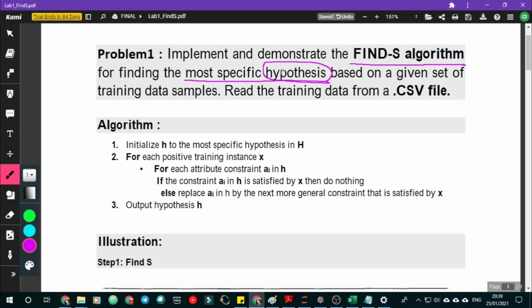And we are not only finding the hypothesis, we are finding the most specific hypothesis. Most specific means the opposite of general, right? General hypothesis and specific hypothesis are opposites.